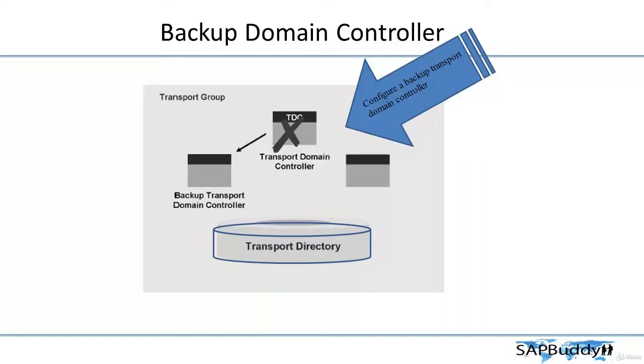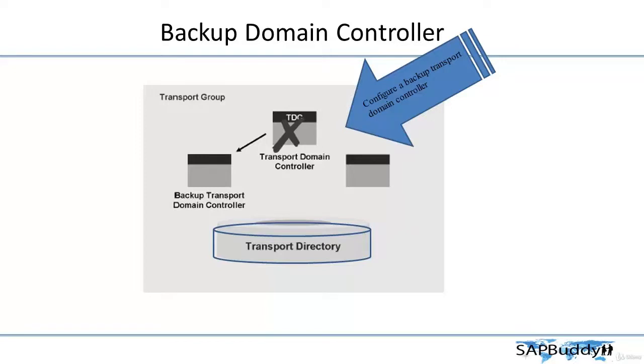In case of failure of the domain controller, the backup transport domain controller can be activated. Then it will act as the transport domain controller, whereas your development activity or the TMS activity will not be stopped in this kind of situation.